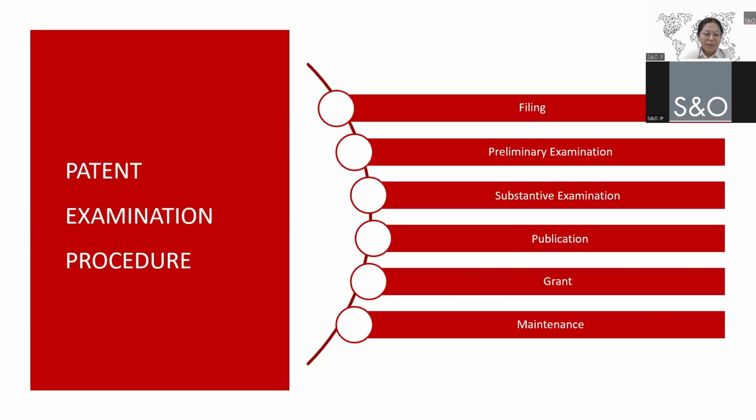The journey of a patent application in China is a structured one, involving multiple steps. Here's an outline of the process. First, filing. The applicant submits a patent application to the patent office in China, which must include detailed descriptions, claims, drawings, and abstracts of the invention.